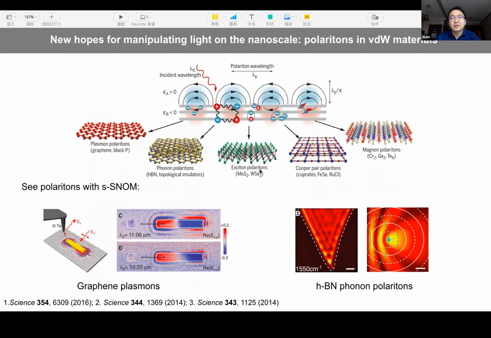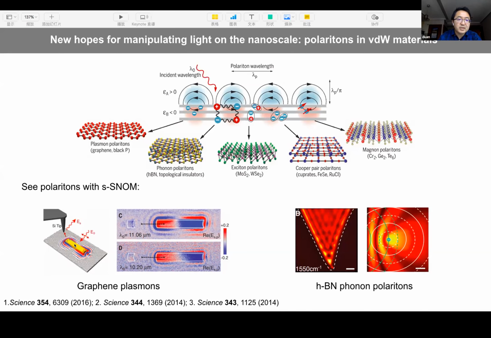Since 2004, when scientists successfully exfoliated graphene, they have found various types of polaritons in van der Waals crystals, such as plasmon polaritons in graphene, phonon polaritons in boron nitride, and exciton polaritons in molybdenum disulfide, and so on. Amazingly, using a technique called scattering-type scanning near-field optical microscopy, we can directly see the polaritons.